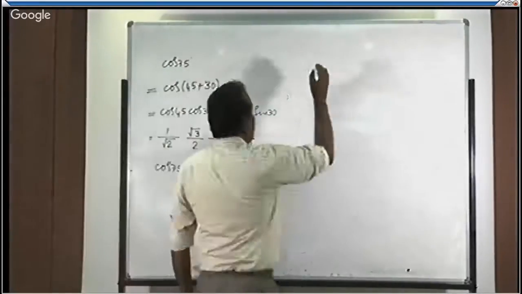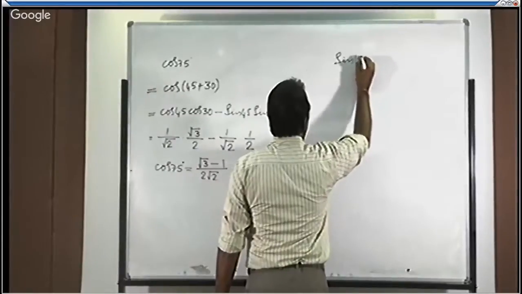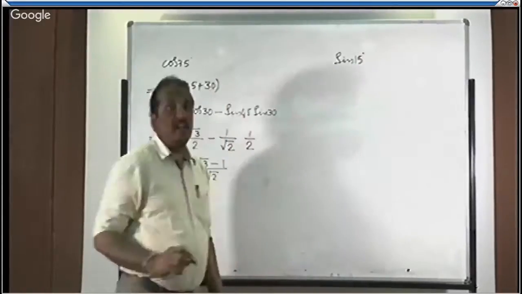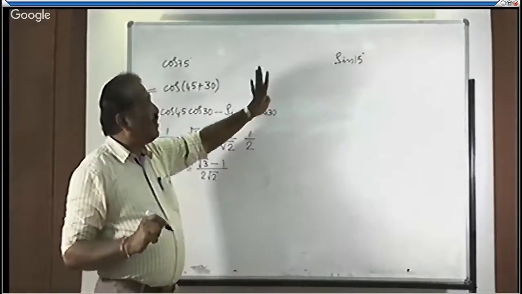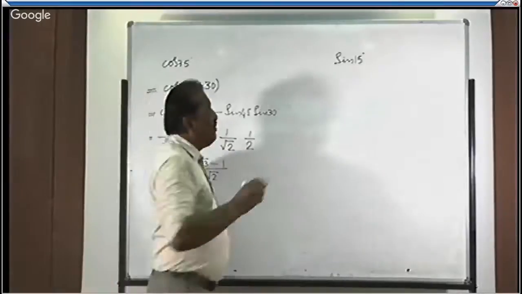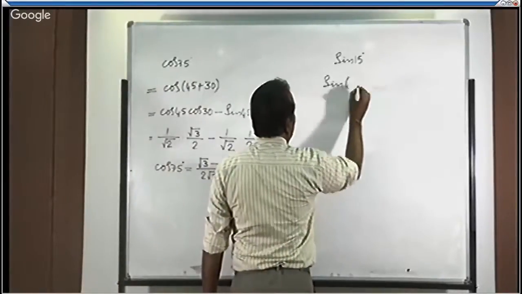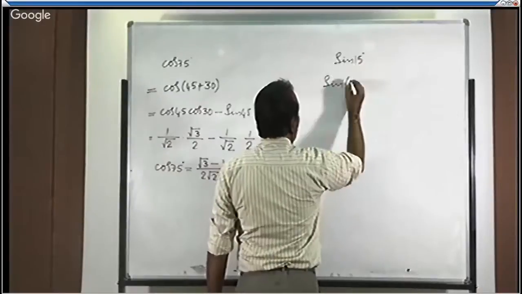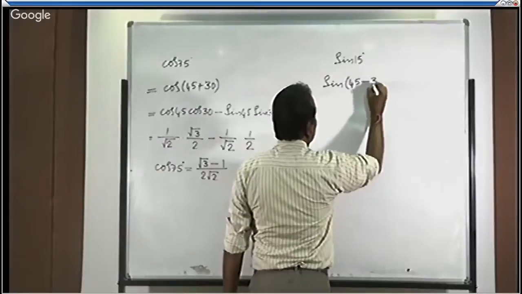Similarly, evaluate sin 15 degree. Recall the previous case. There we found cos 15 degree. Here we find sin 15 degree. You have to give the same treatment to 15 degree as in the previous case. I mean, rewrite 15 degree as 45 minus 30 degree.